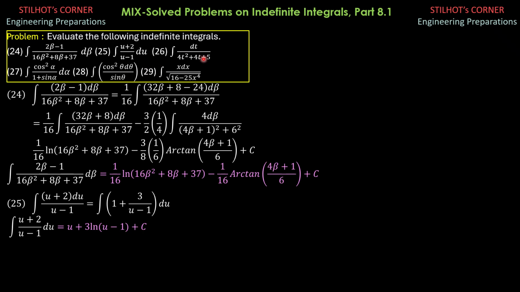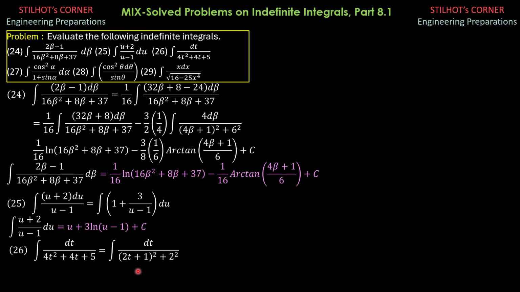We write this as the integral of dt over (2t plus 1) square plus 2 square, where 2 square is 4. This is now in the form integral of du over u square plus a square, and the integral is arctan.